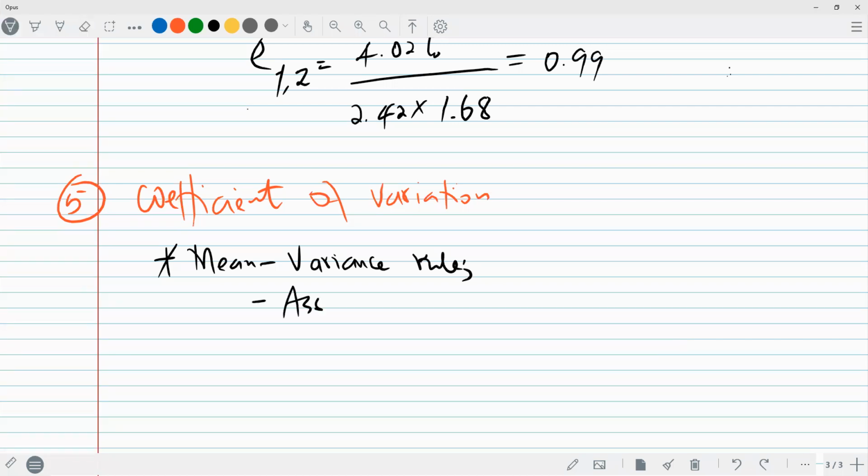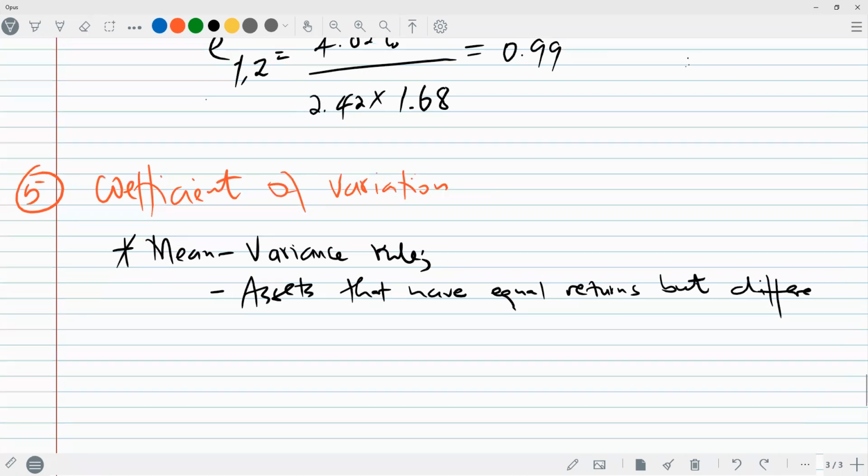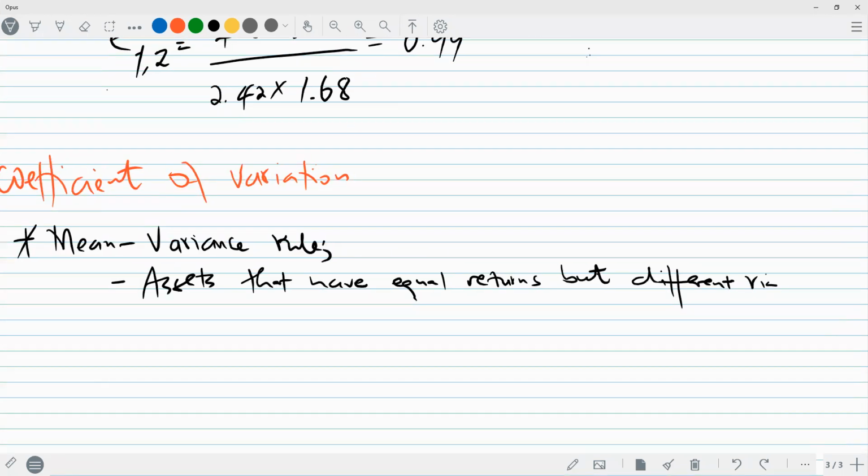Assets that have equal returns but different risk. So what does the investor do?